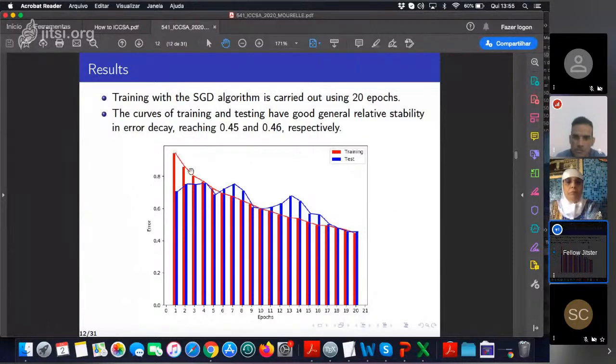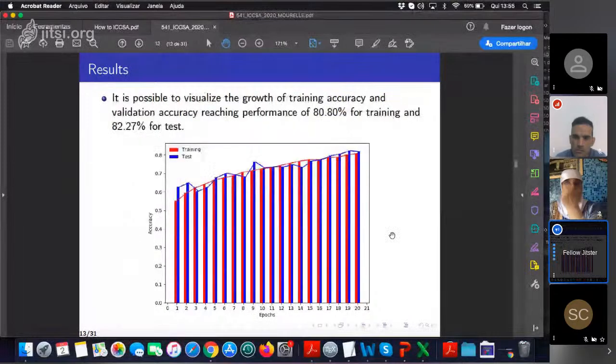So this is a good behavior. And it's possible to visualize the growth of training accuracy and validation accuracy, reaching performance of almost 81% for training and 82% for test.